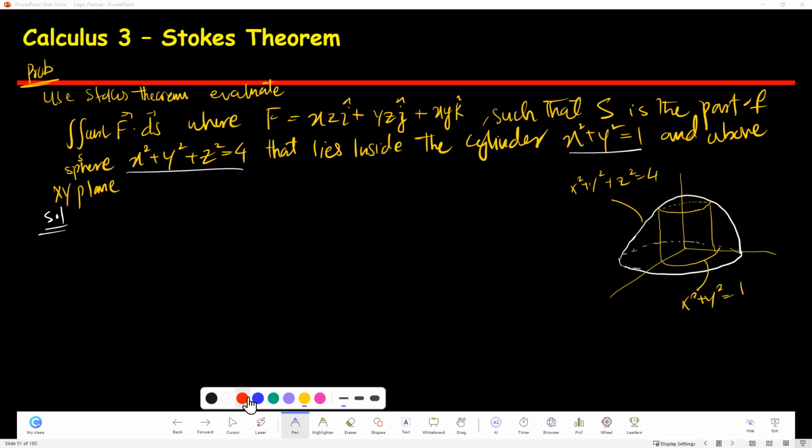So now I'm interested to know more about this area, right? That is my C going this way, and that is my S, the surface that I'm interested in. This is starting from 0. Okay, so the equation of the sphere we already wrote, and the equation of the cylinder.